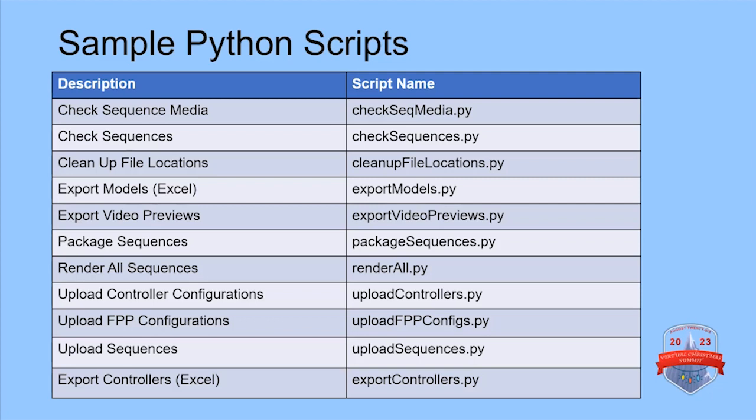Then there's the upload FPP configurations, which I will show. There's a couple of these now that actually bring up a GUI screen so you can pick what you want to do. It took me a while to figure out how to put columns inside these widgets. My programming skills were on different types of systems.